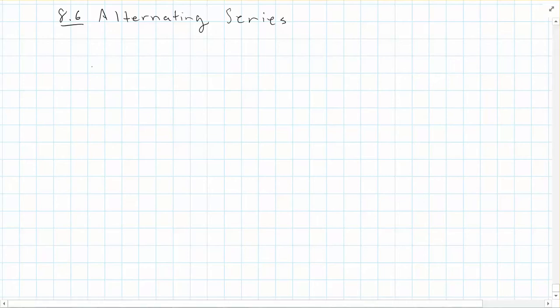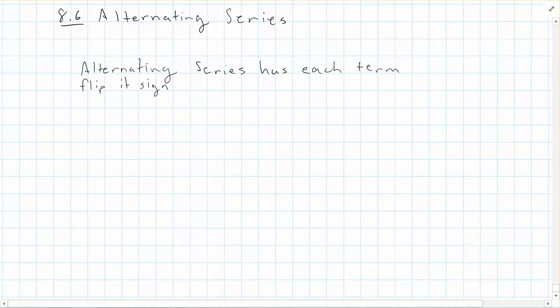So an alternating series has each term flip its sign. This might not be the best way to explain it, but we'll write an example down.